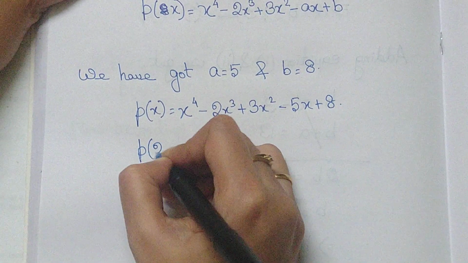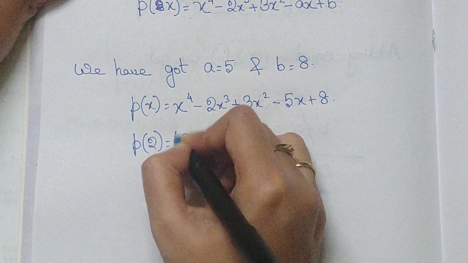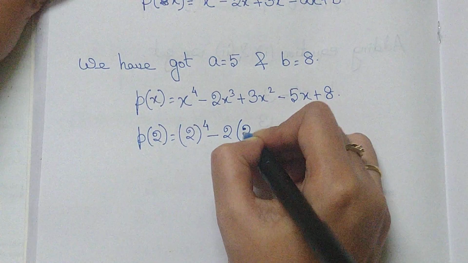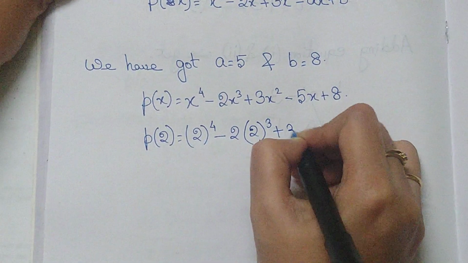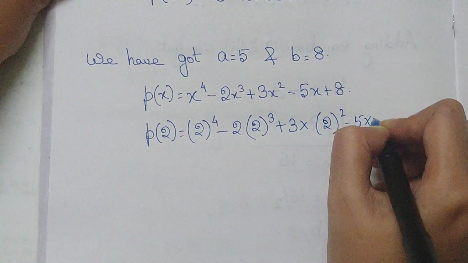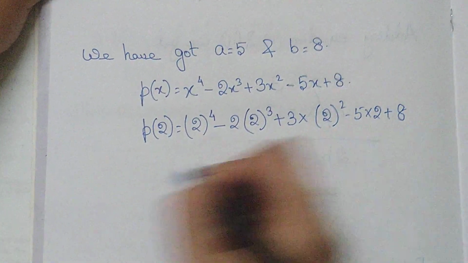Now P(2) equals 2 to the power 4 minus 2 into 2 cube plus 3 into 2 square minus 5 into 2 plus 8.